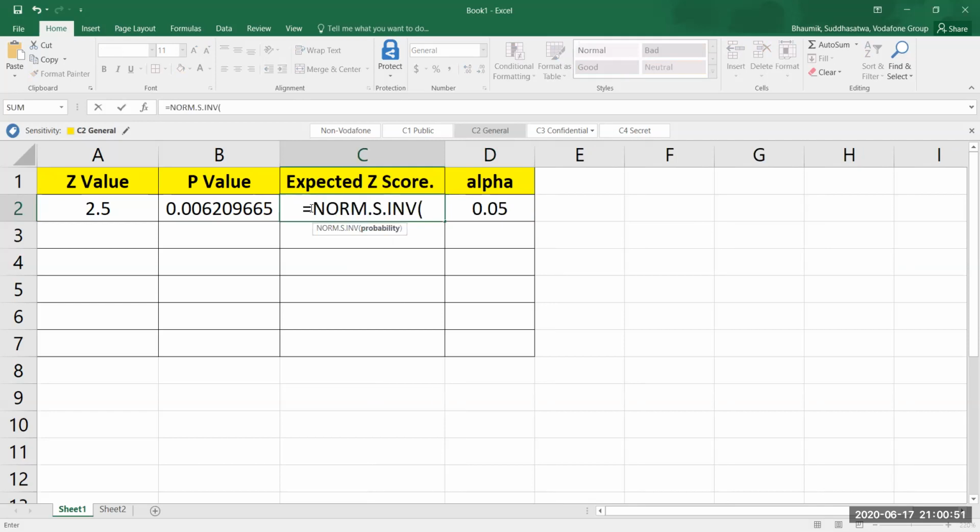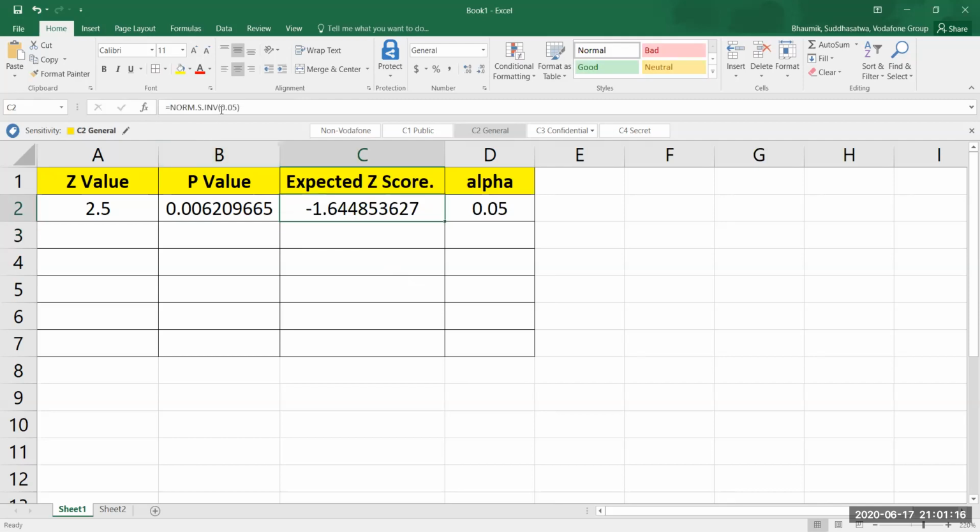So if I do this and I take the probability, 0.05, I put the probability of the alpha value. So I get a value which is minus 1.648, right?